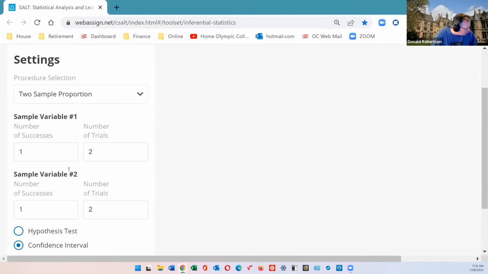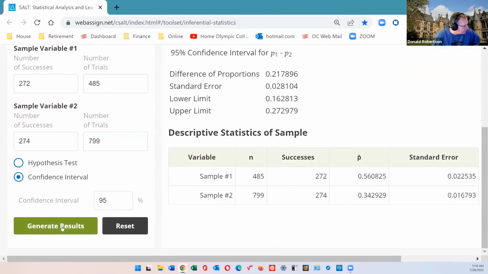So a 2 sample proportion now. We put in the data just like we did before, 272 successes out of 485. And then the ones out in the open, well, there was 274 of those out of 799. And we'll do a 95% confidence interval. And the difference that we got this time is 0.16 to 0.27, right?